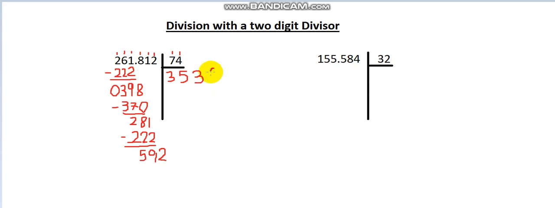So instead of 7, I need to try 8. 8 times 74. If I do this multiplication, I would see that it makes 592. And if I do the subtraction, I'm going to get 0.